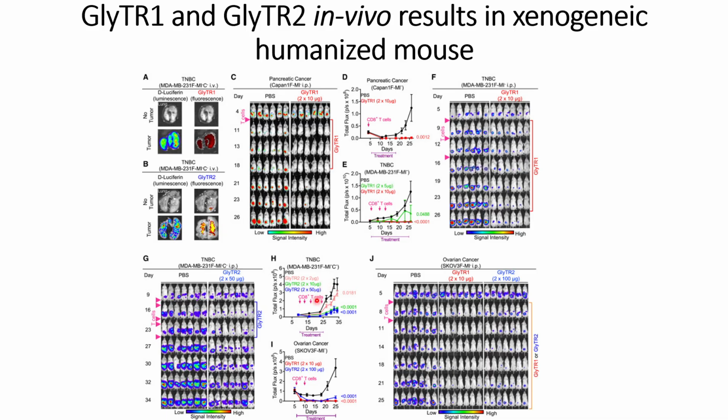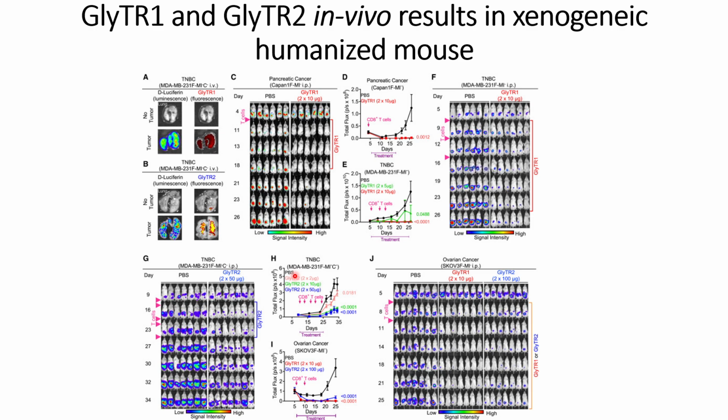That is, when they use different concentrations of GlyTR2, they are able to see a decrease in the total flux as the concentration of GlyTR2 increases, indicating that GlyTR2 is also working in the triple negative breast cancers.